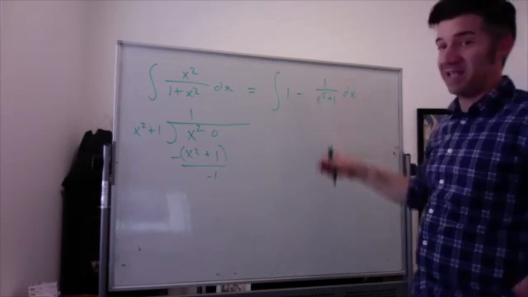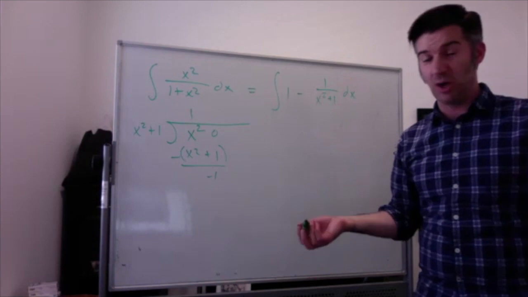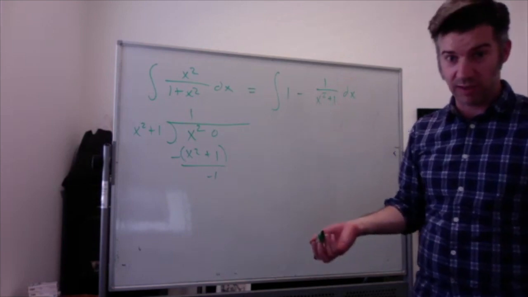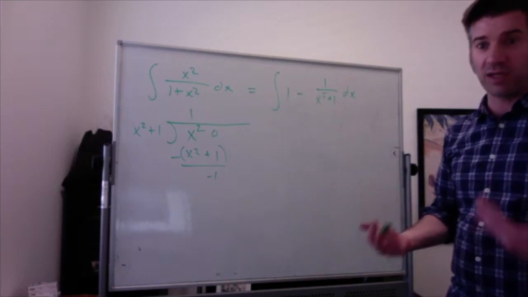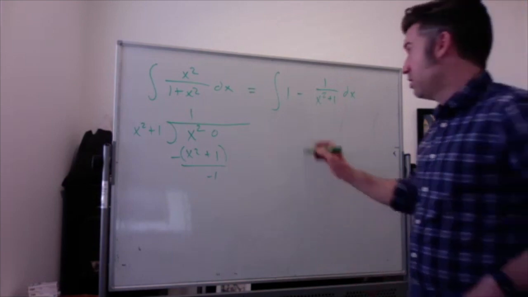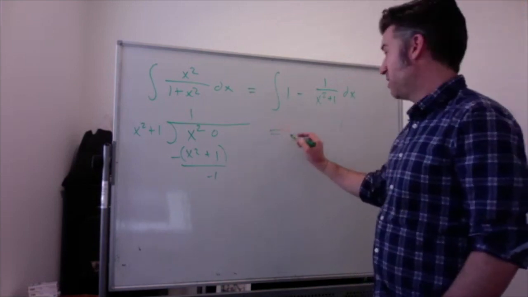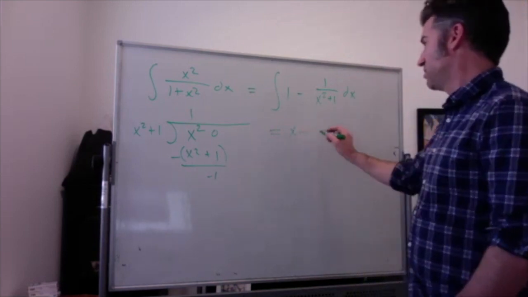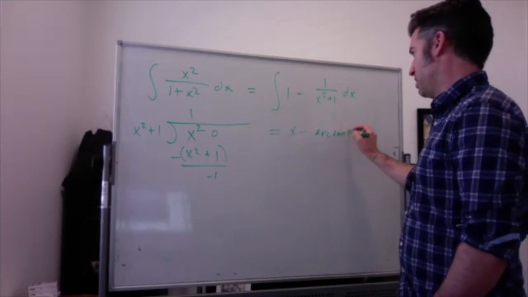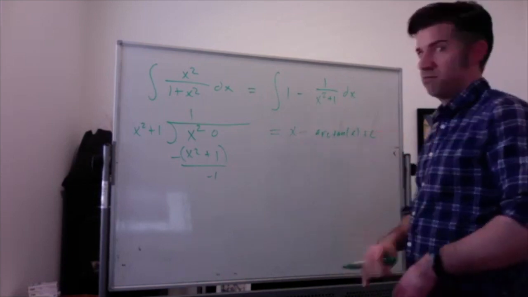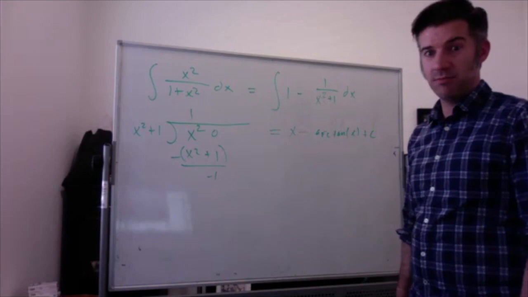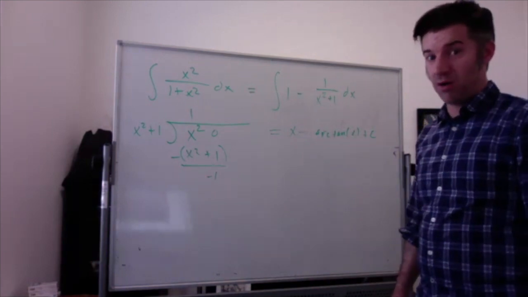We know that the antiderivative of 1 over x squared plus 1 is the arctangent of x, or the inverse tangent of x, which you could also find via trig substitution, but you don't have to. So we can just say, oh, hey, look, I get x minus the arctangent of x. Easy peasy. That's it.